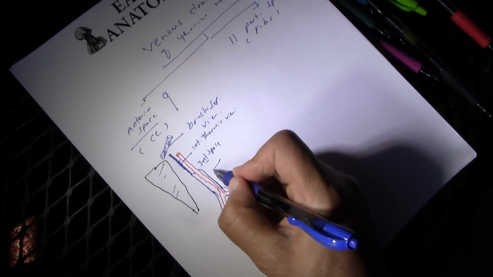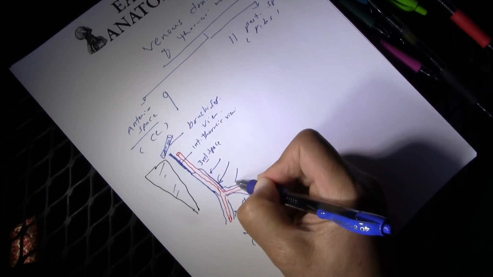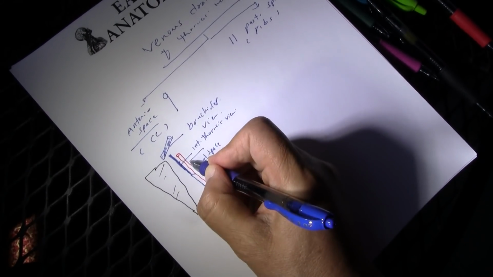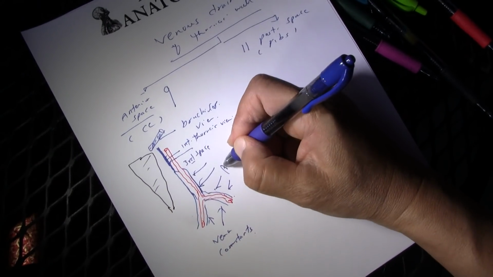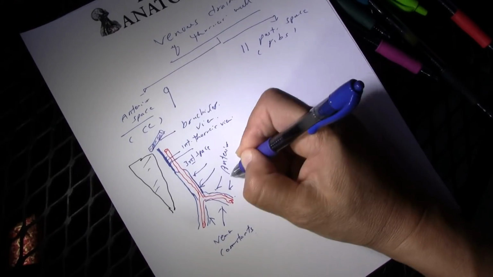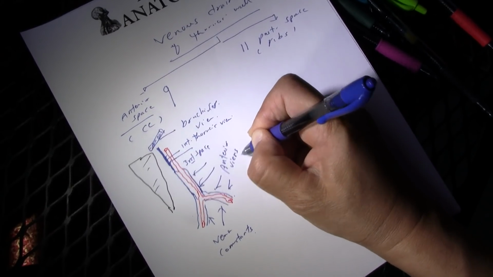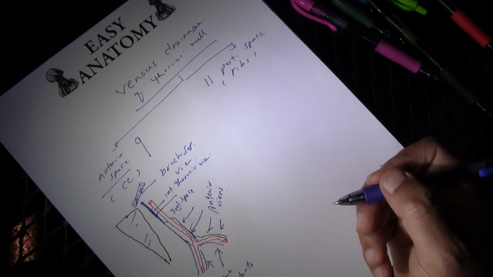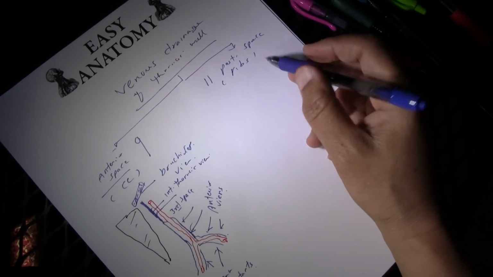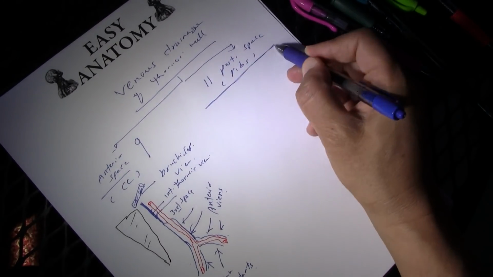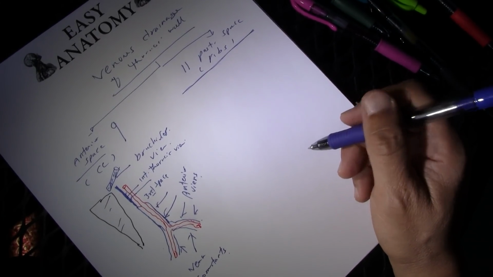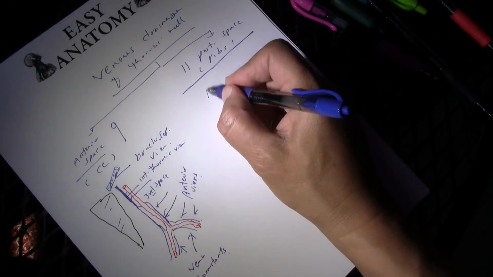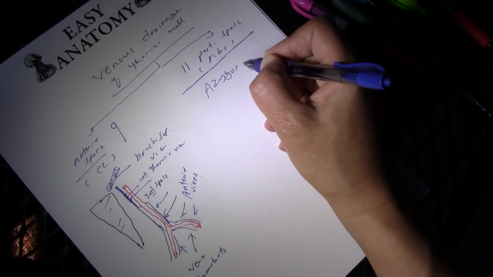And these veins drain the anterior intercostal veins. Those are the anterior veins. Okay. How about the posterior intercostal veins? Posterior intercostal veins drain through the azygos system mainly.